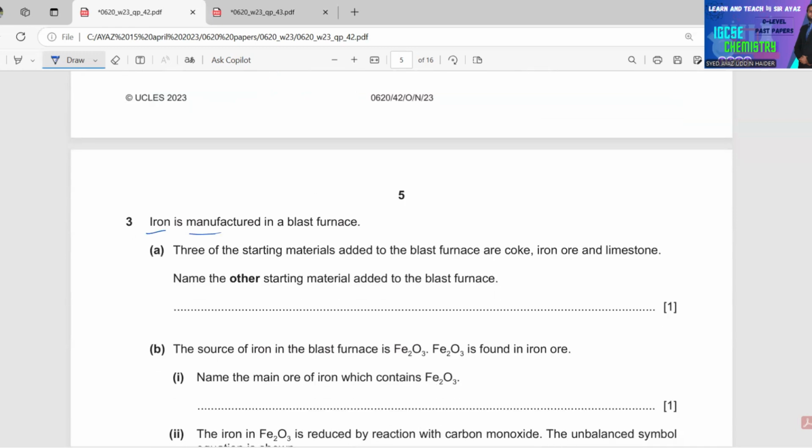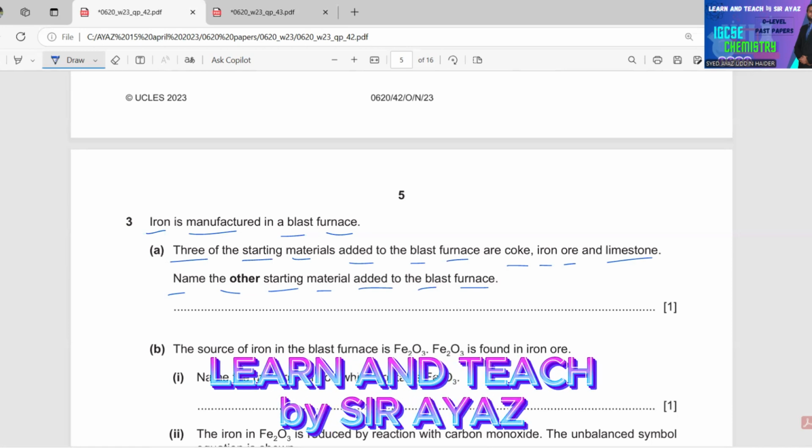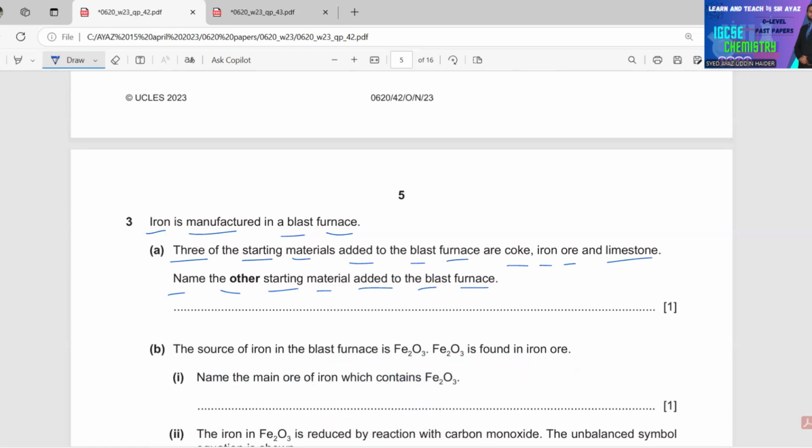Number 3, iron is manufactured in a blast furnace. A. Three of the starting materials added to the blast furnace are coke, iron ore, and limestone. Name the other starting material added to the blast furnace. It must be hot air, because initially the coke is reacted with hot air to get carbon dioxide.